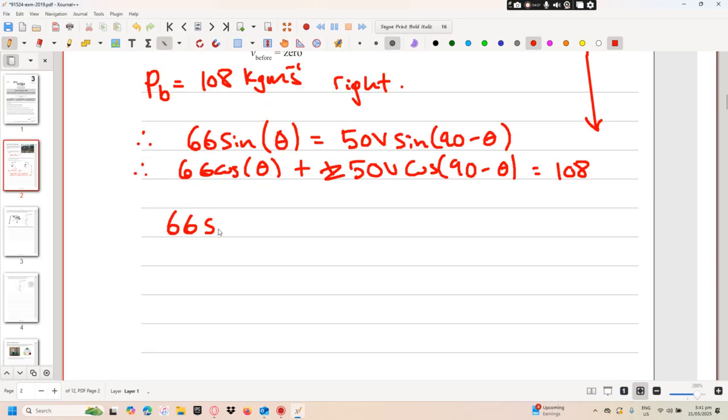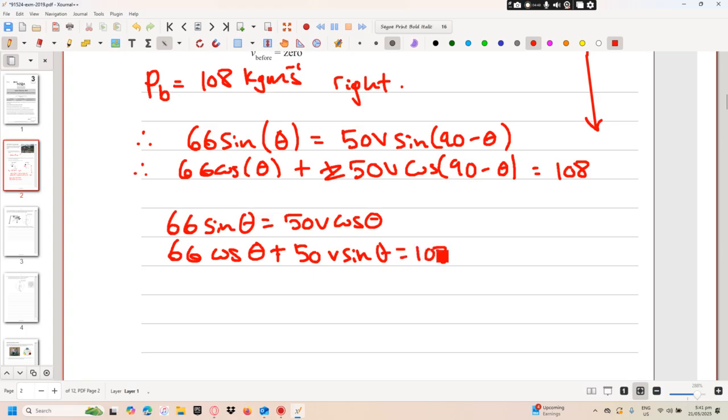Okay, so 66 sine theta equals 50V cos theta. And cos of 90 minus theta is sine theta. So we have 66 cos theta plus 50V sine theta equals 108.